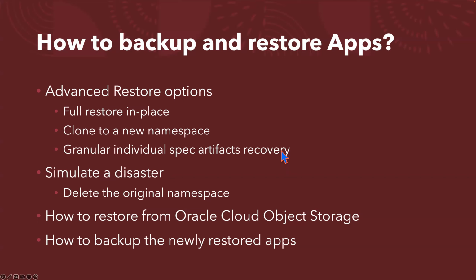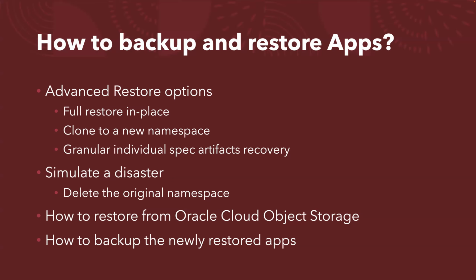So shortly, once the environment is ready and the backup finishes, I will simulate a disaster by deleting the original namespace. Once you delete the original namespace, remember not only your configurations, your application, your data, all gone, including the snapshot, the container storage snapshot.